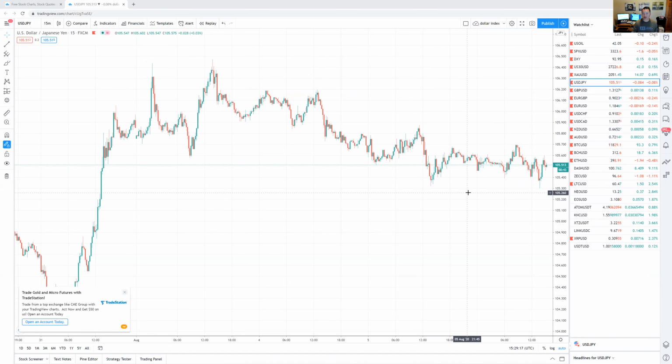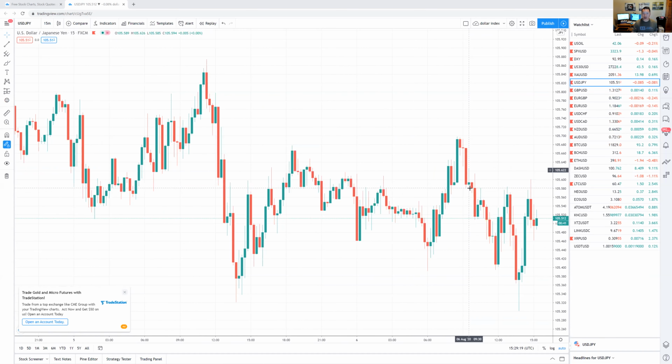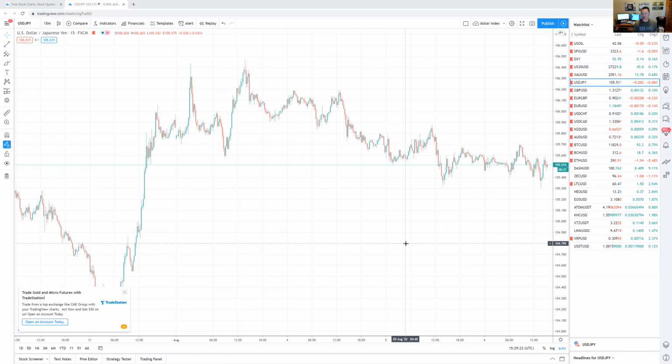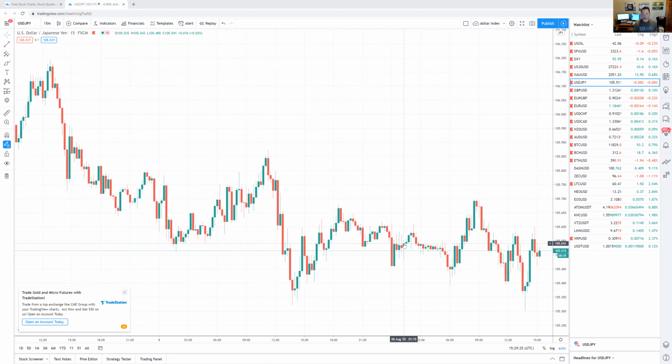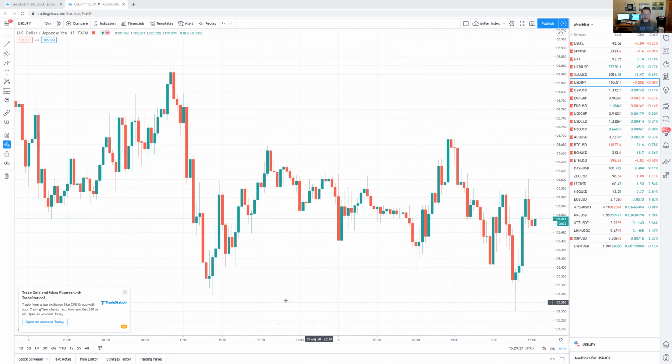The reason I'm talking about consolidation is, when you zoom out, you want to look at the overall structure. Then when you zoom in, you look at what's happening right now. You can pinpoint the same support and resistance, but it's stuck in between, as I'm highlighting here.